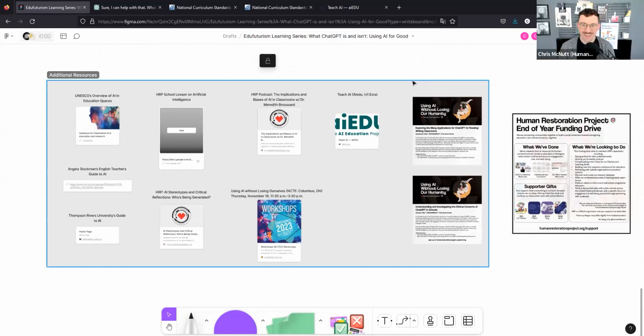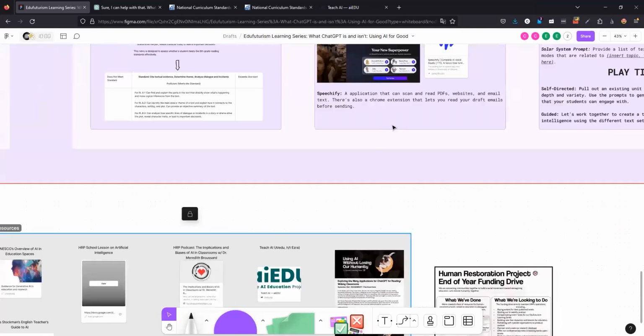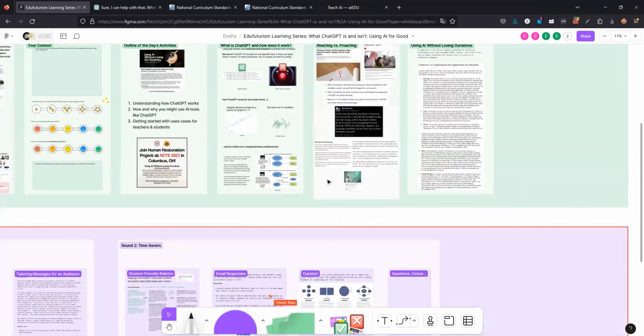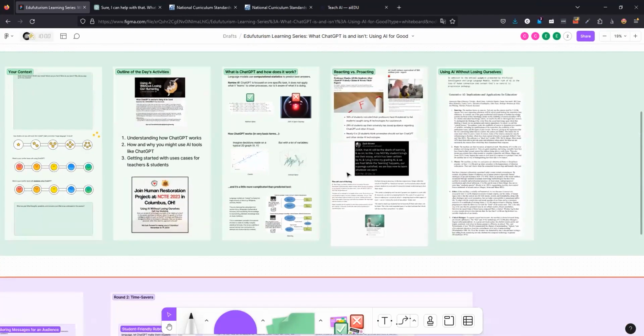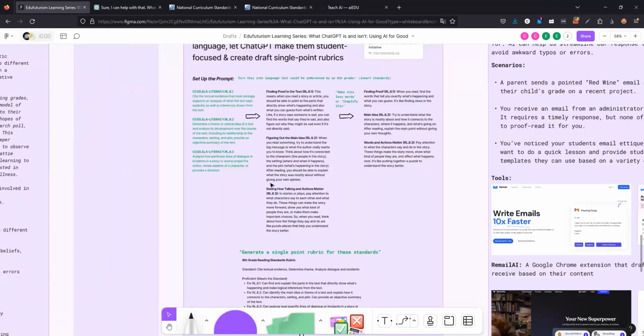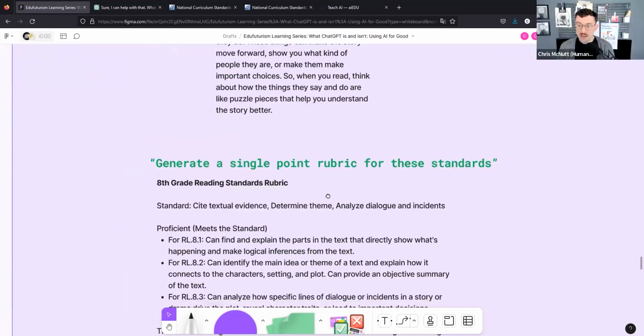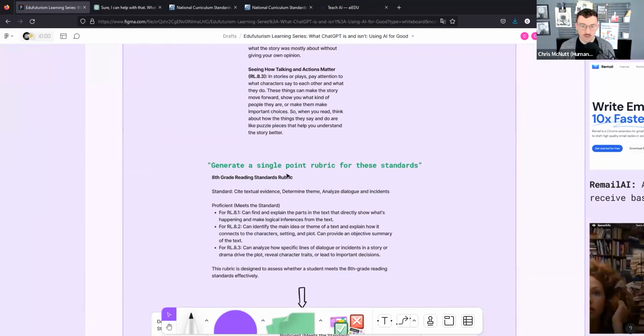You're good. So for the rubric prompt, what exactly did you put into ChatGPT? Was it that it already had the standards in because you had asked it to rewrite it, and then you were like, write a rubric based on these standards? Yeah, I'm pretty sure Nick quite literally typed in, generate a single point rubric for these standards. Is that right, Nick?